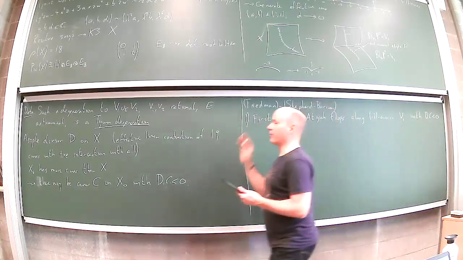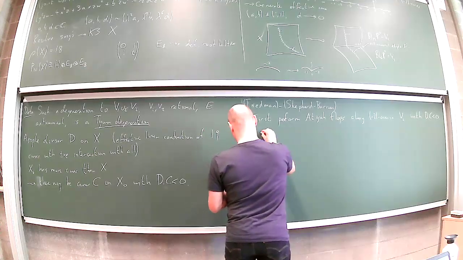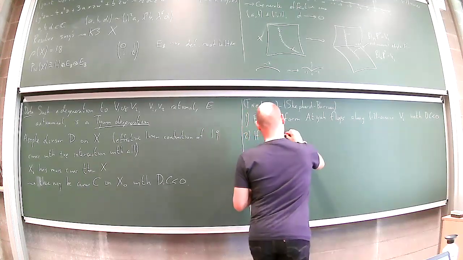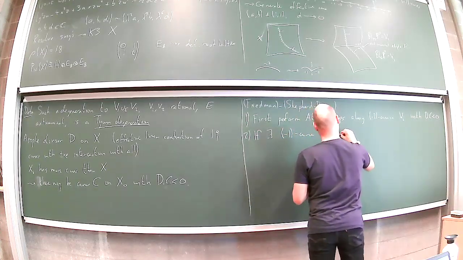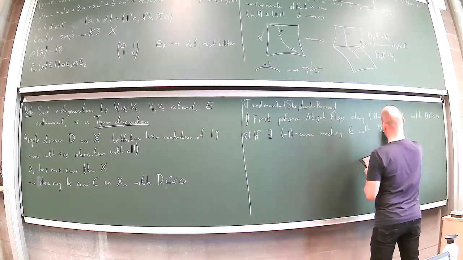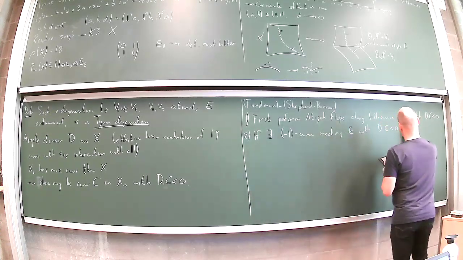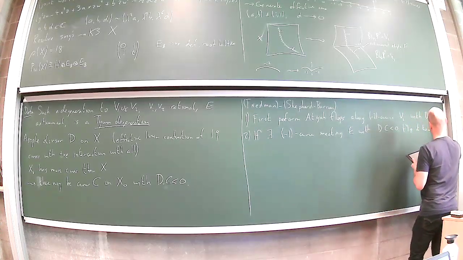I'll explain on the diagram in a second, but I'm going to say the words first. And then secondly, if there is a -1 curve meeting E with D dot C negative, we're going to flip it to the other component.